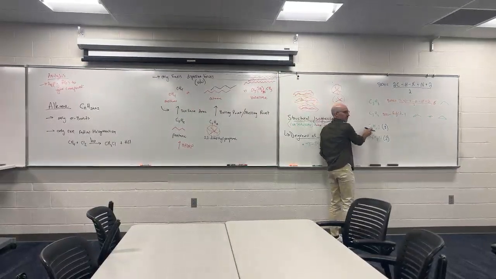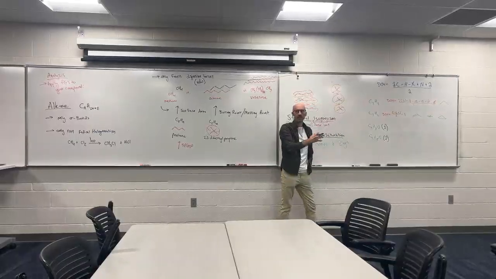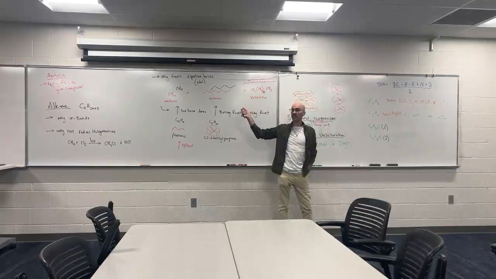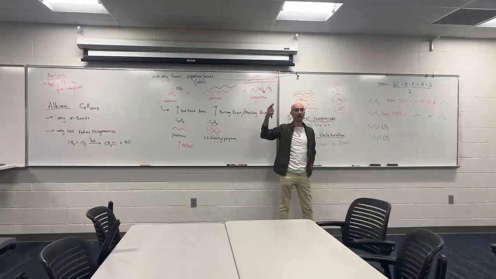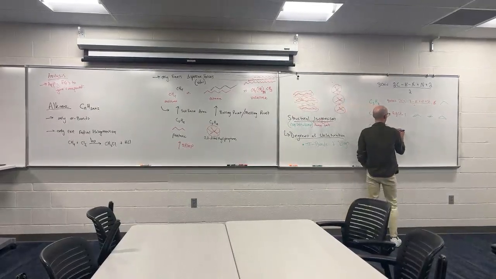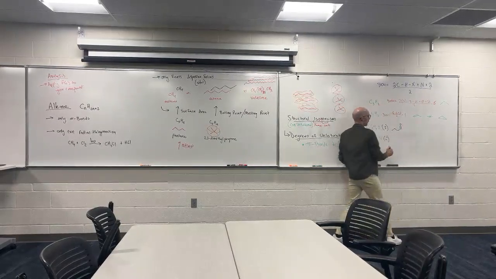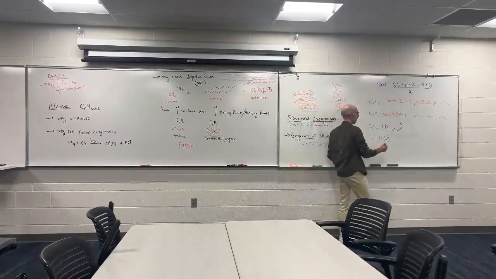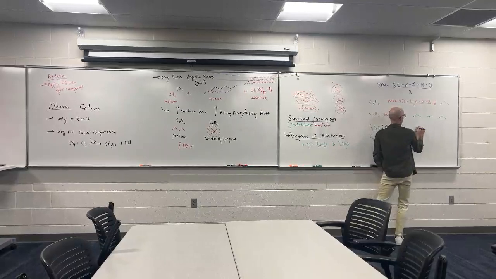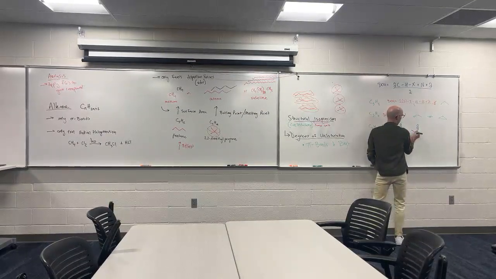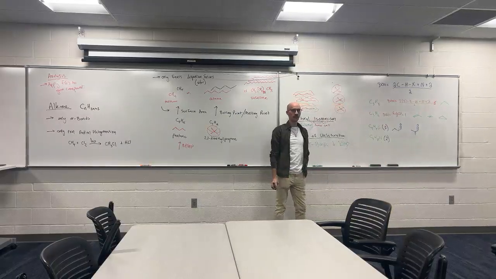I'm going to stick with this one. I want you guys to work on them before we come in, and at the start of Wednesday's class, we'll use this as kind of the kickstart. Let's show how many different structural isomers we can show. So the first one I'll show is when there's a double bond between C and O on the last carbon, but I break up my carbon chain a little bit more.